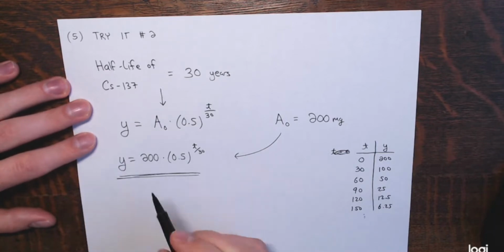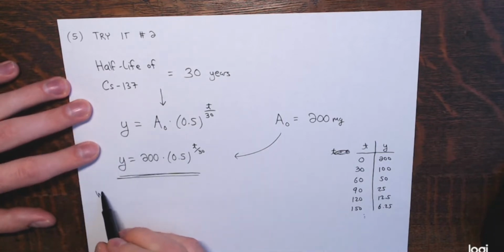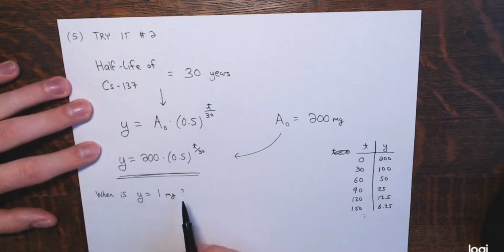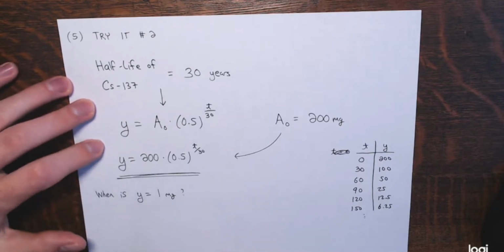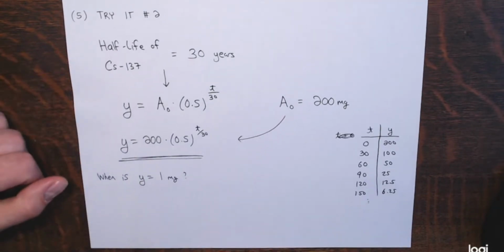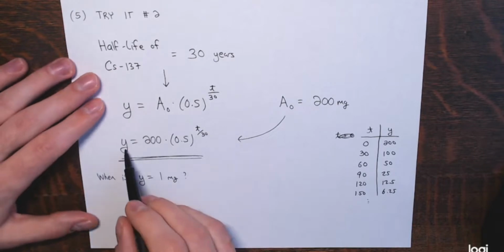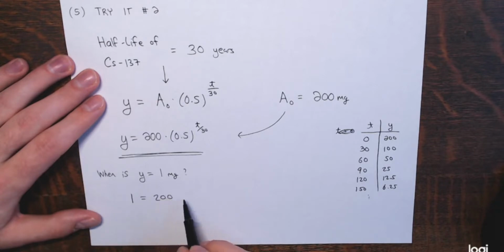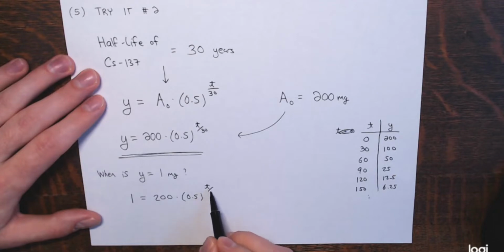So basically, we're asking, when is y equal to 1 milligram? When is there 1 milligram left of cesium-137? So I just plug 1 in for y, solve for t. All right, so 1 on the left equals 200 times 0.5 to the t over 30 power.